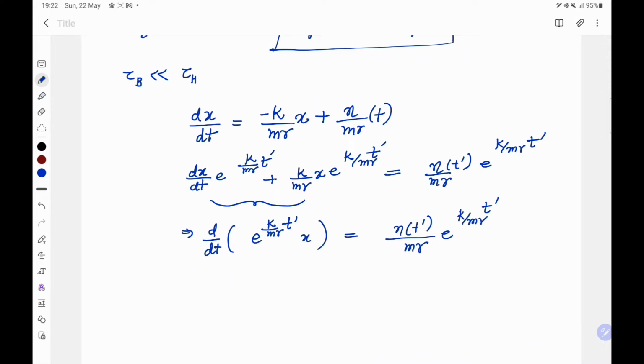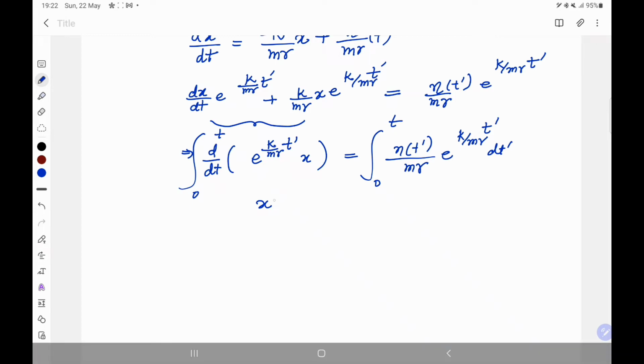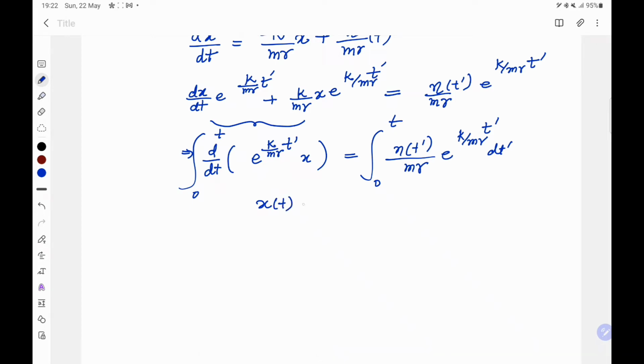So x will be, let us integrate it from 0 to t. So this will become x t minus x naught.